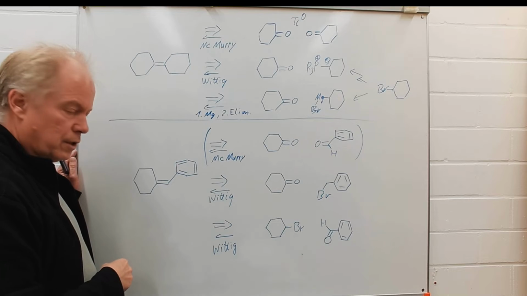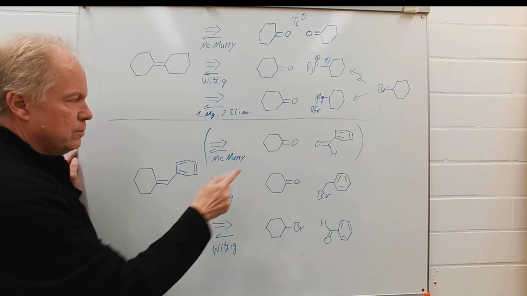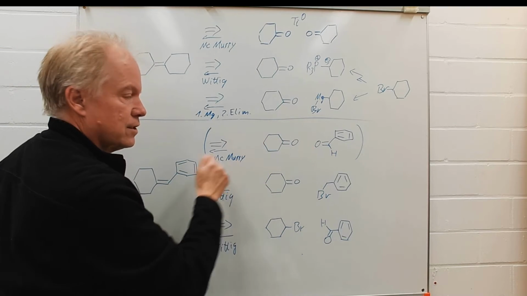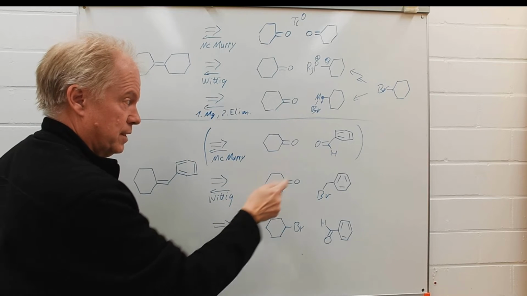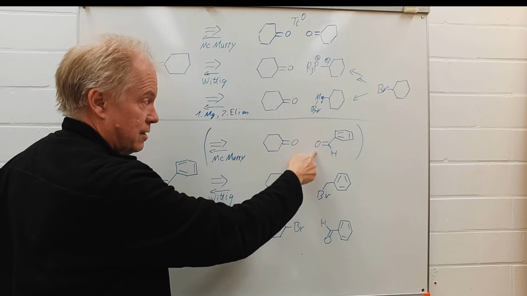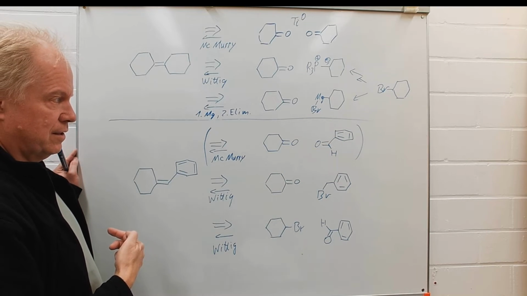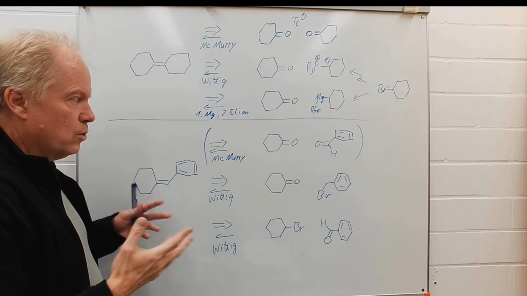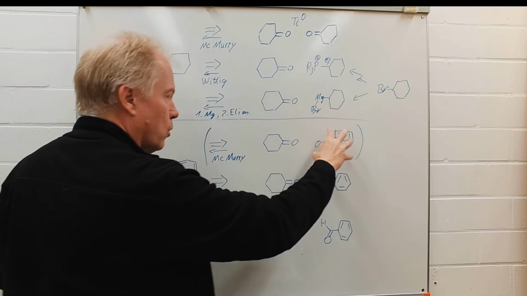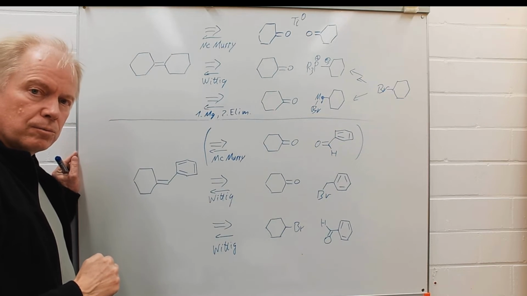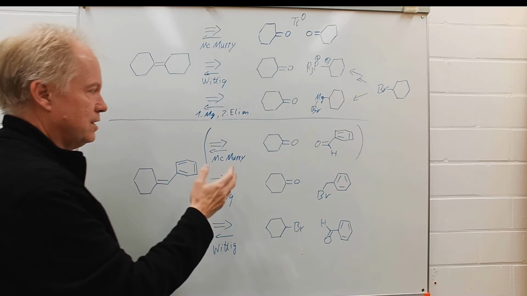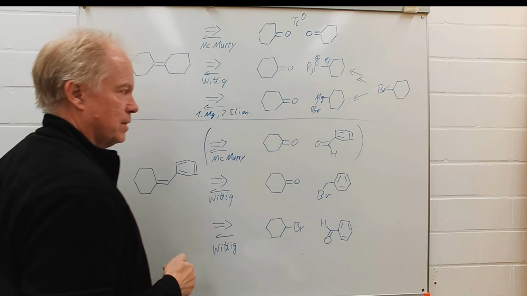How about a McMurry reaction here? Well, we would need cyclohexanone as one component and benzaldehyde as the second component. Well, how can we avoid homocoupling processes? We would need a cross-coupling McMurry.